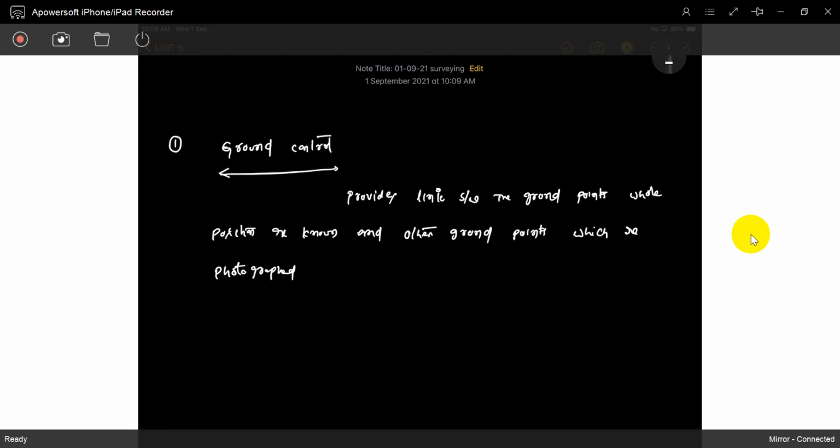So what does that mean? It provides a link between ground points whose positions are known and other ground points which are photographed.